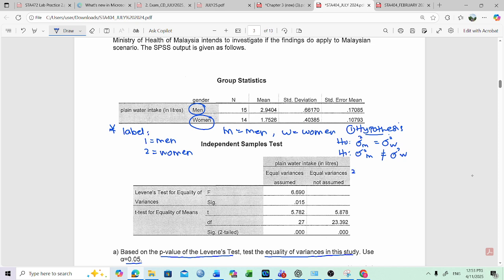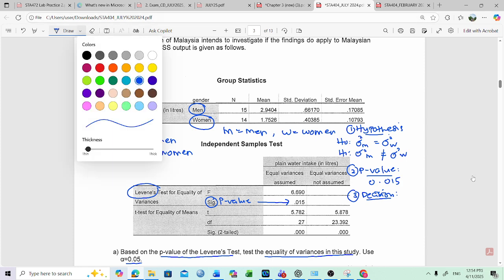And then the second step is where you write your p-value. See here, Levene's test, see here, SIG, this is the p-value. So what is the value? This is the value, 0.015. Done. Then you go to step number 3, which is the decision. Remember, you always need to write the rule.